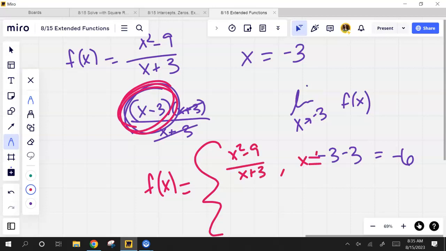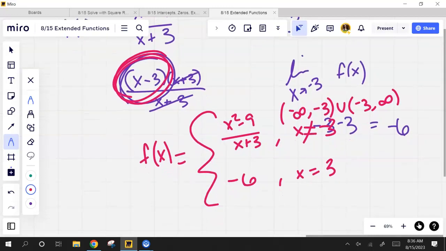When x does not equal 3 or negative 3, or negative infinity to negative 3 to infinity, and then negative 6 when x equals 3. You could write it that way, or if you needed a whole equation here, you could put x minus 3 when x equals negative 3. It's the same thing. But it's only for one specific value. Does that make sense? You're still plugging the hole.